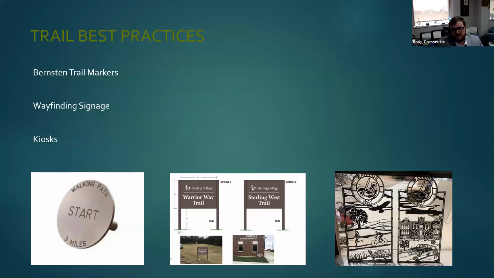And all those folks who were on that committee were obviously interested in these types of things. They had been on paths before and knew about these different things that are needed for good trails. So lean on the people in your community who are active tourists that like to go visit these things and have seen all the different features that are around the state, and they can bring back ideas to your community.